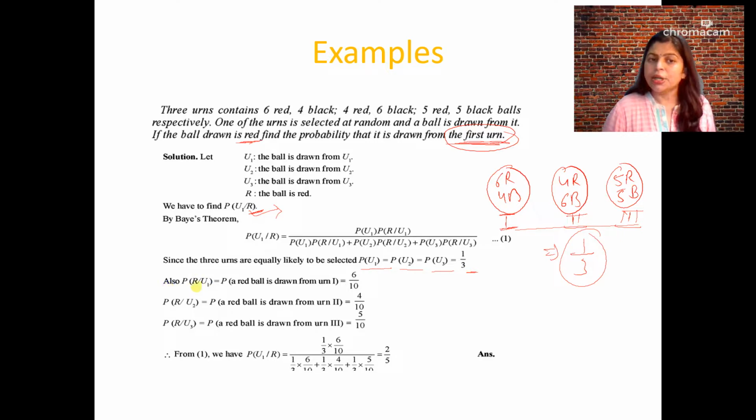Now the probability of getting a red ball from urn 1 is definitely 6 by 10. From urn 2 it is 4 by 10, and in this way 5 by 10 for urn 3. Finally we will put the values in this formula and we'll get the answer.